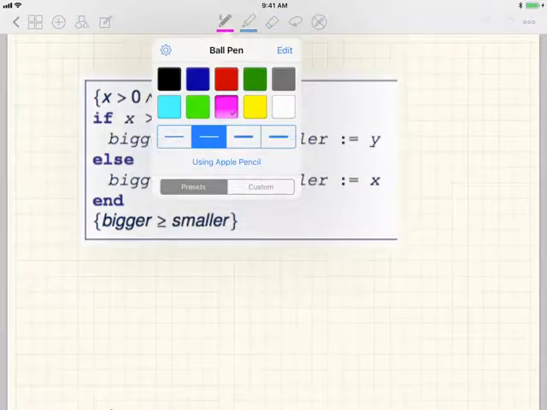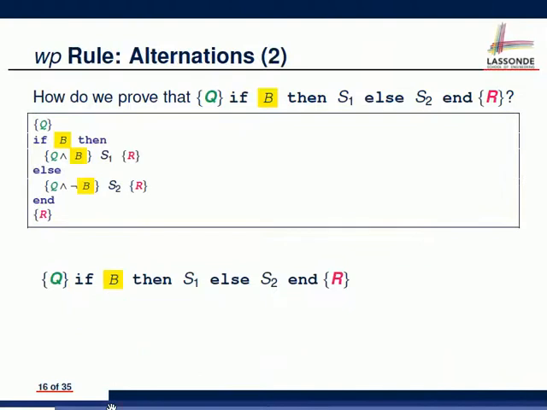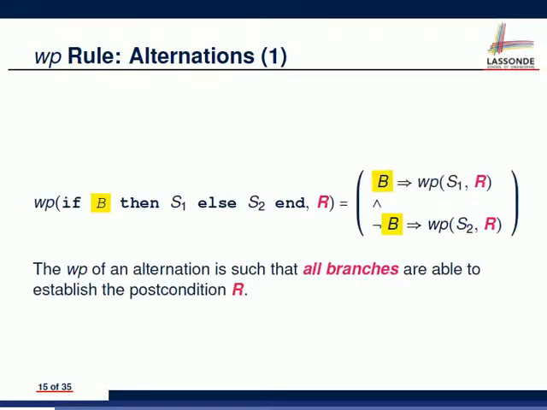The WP, how about you just switch back and forth so I can save some writing. Okay, that's what we learned. The WP for an alternation over here is, for the first branch and for the second branch, both to establish the postcondition.